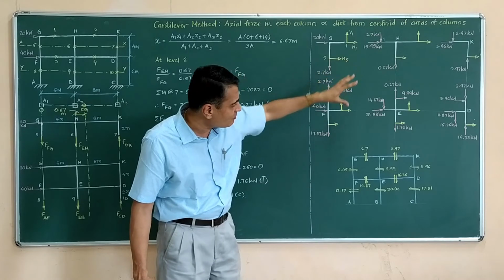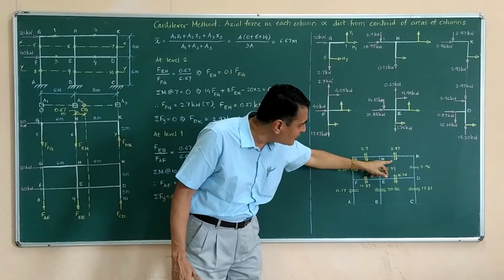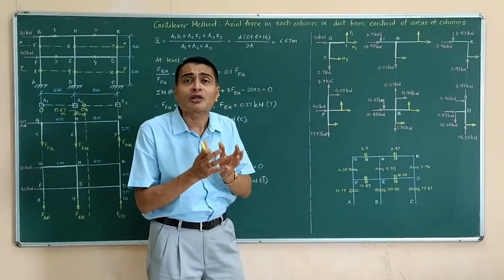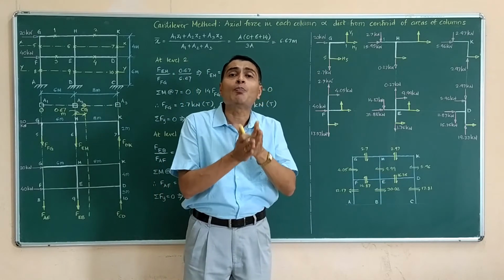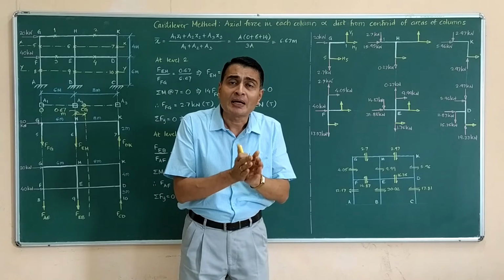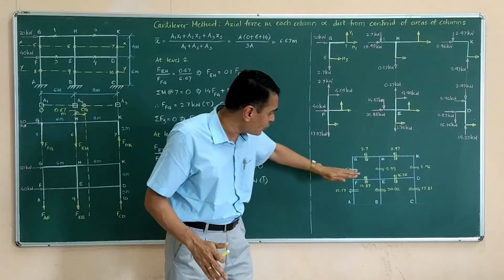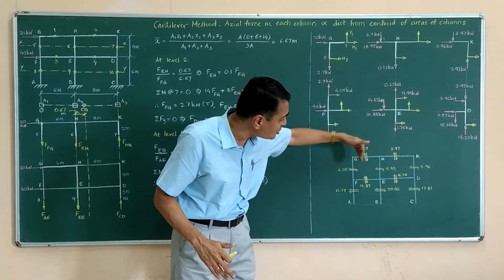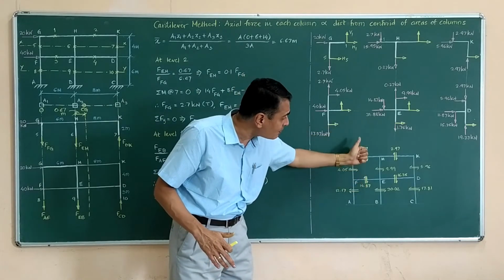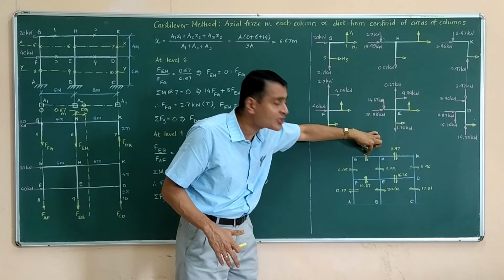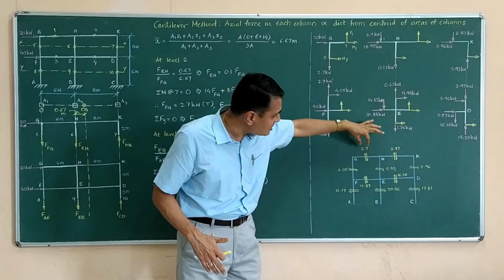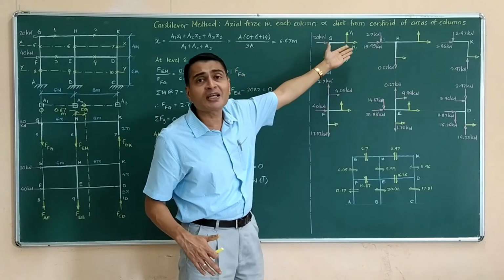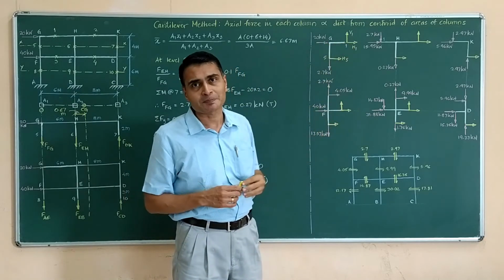Likewise, from these FBDs, on each beam and on each column, I have marked the maximum shear at the point of contraflexure, being careful that for upper portion it is leftwards, for lower portion it is rightwards, for left portion it is upwards, for right portion it is downwards. So these signs and these magnitudes you are getting from your FBDs.